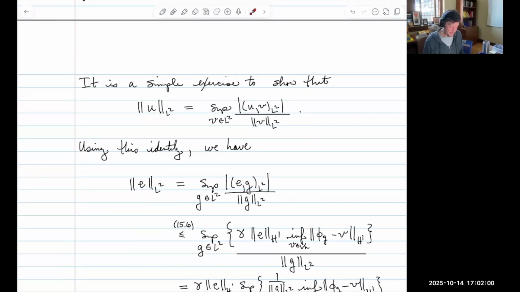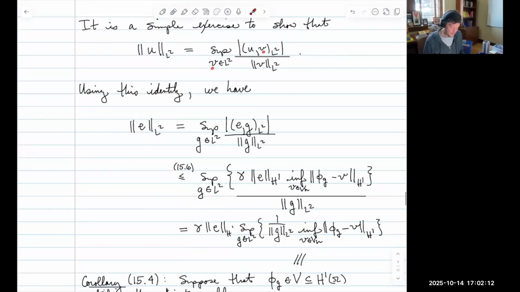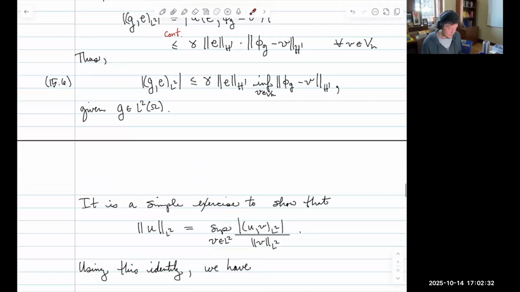So if I want to estimate, let's say, E in this case, the error, then E is going to go here and here. And instead of using V, I can use something like G. So using that identity, the L2 norm of E is less than the supremum taken over all G in L2 of the absolute value of the inner product of E and G divided by the L2 norm of G. And now we already have an estimate for this term here, and that was given by that.